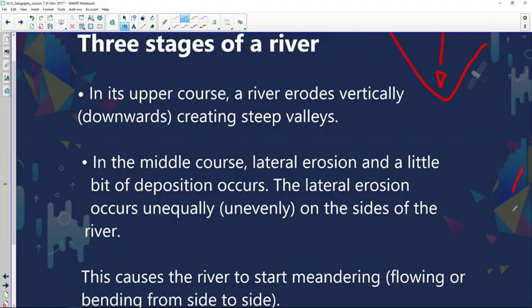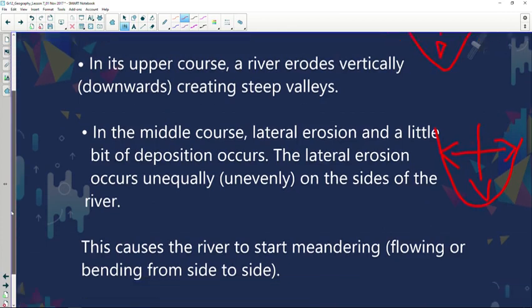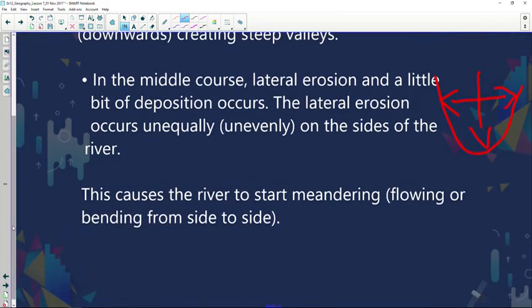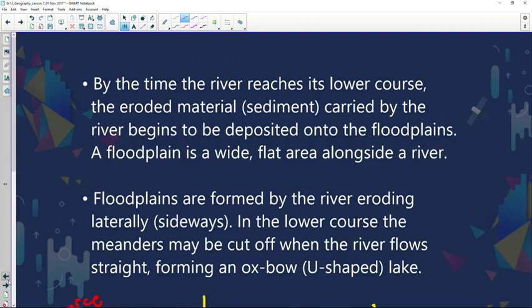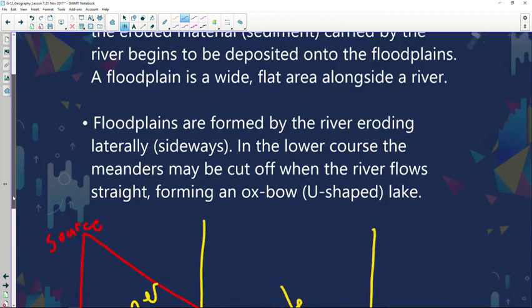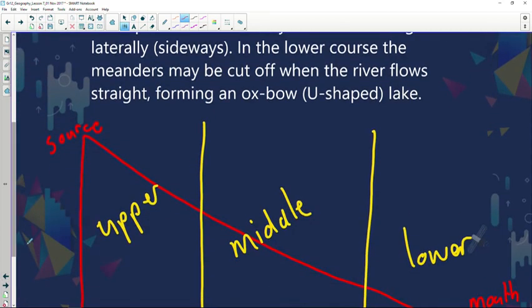So instead of only downward erosion, we also experience lateral erosion, making the riverbed much wider. This causes the river to meander, but we will look at these characteristics a little bit later in this lesson.